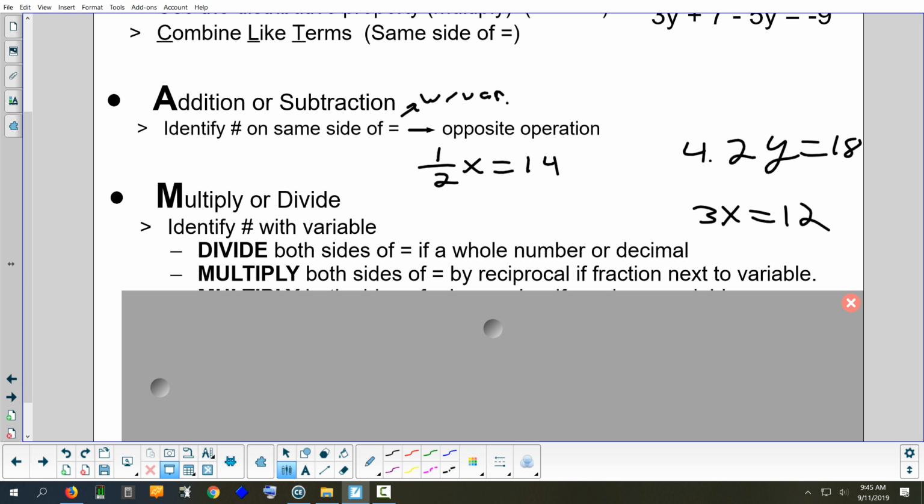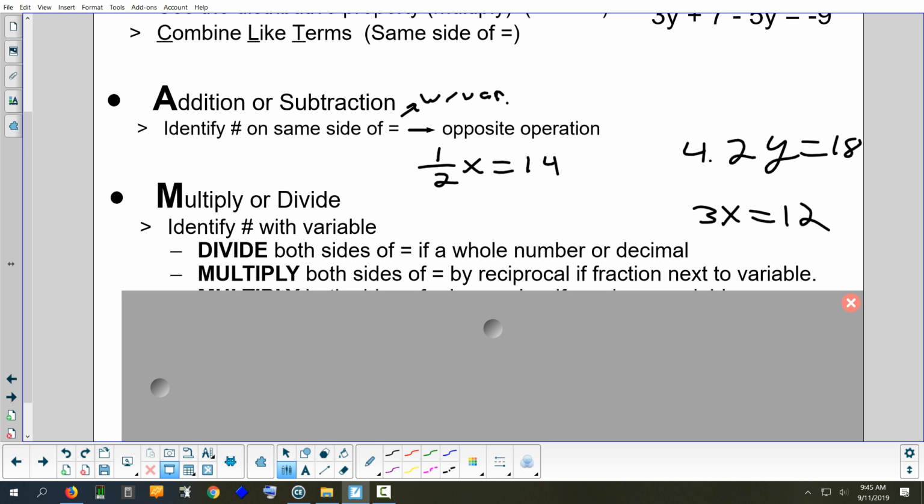In order to solve 1/2 x equals 14, I say, okay, identify the number with the variable, 1/2. All right, it's a fraction next to the variable. What does it tell me to do? Multiply both sides of the equation by the reciprocal. And reciprocal just means to do what with the fraction? Flip it. Yep, nice, just flip it.